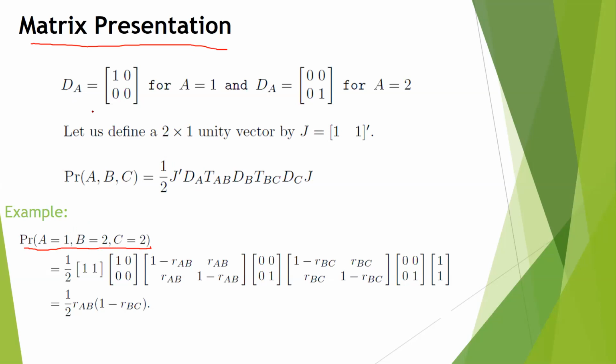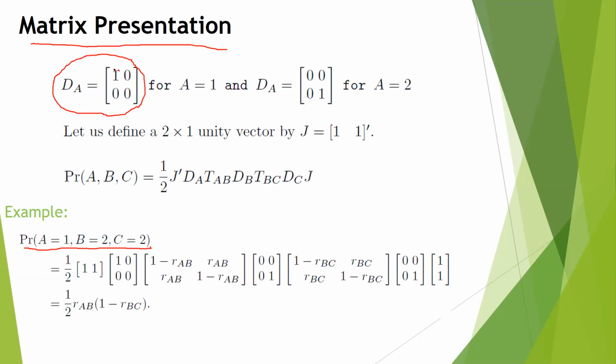So how do we represent the genotype for one? For locus A, how can we represent the genotype that A equals 1? We use the D matrix. This is a 2x2 matrix, and we only look at the diagonal entries here.